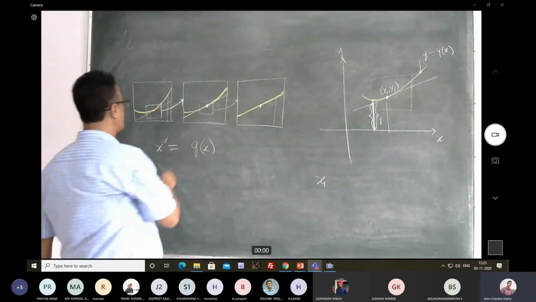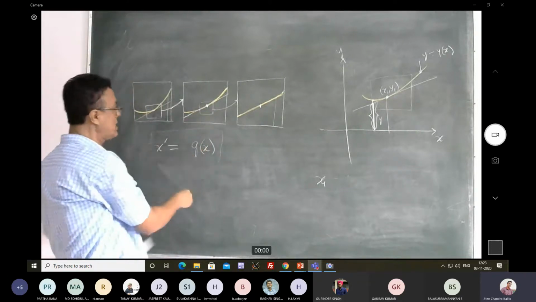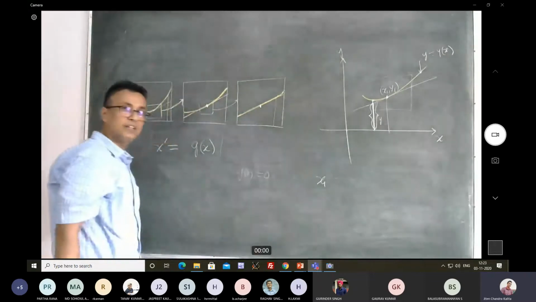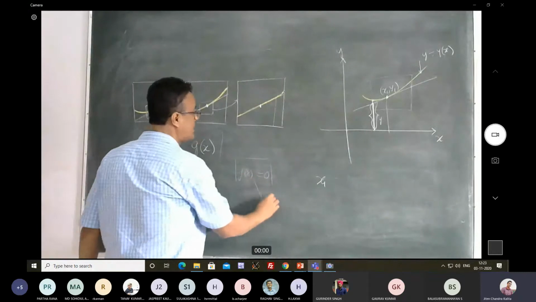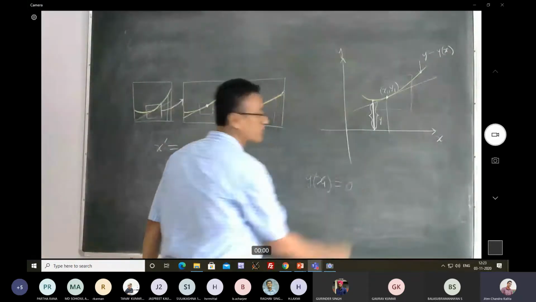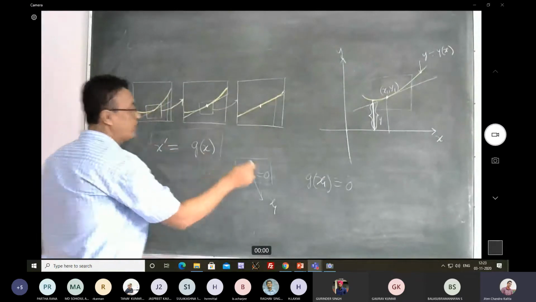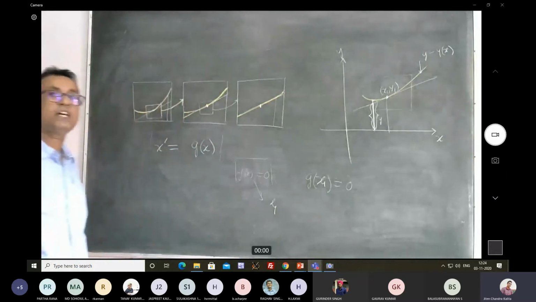In order to find the critical point of this one-dimensional system, I will simply plug in g of x equal to 0. By solving this equation, if I get x1 as my critical point, that means g of x1 is equal to 0. Now at the point x1, I draw a tangent.